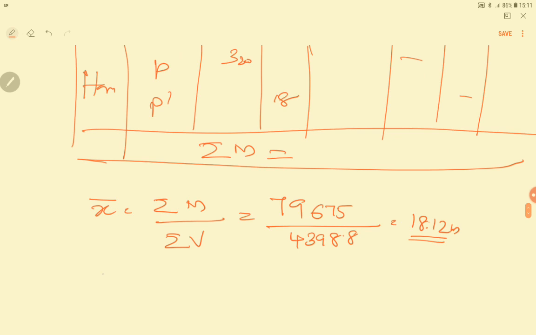Now what is the value of eccentricity? E is equal to B by 2 minus x bar, that is equal to 56 by 2 minus 18.12, which will be equal to 9.88 meters.